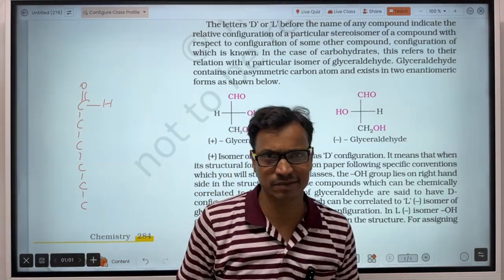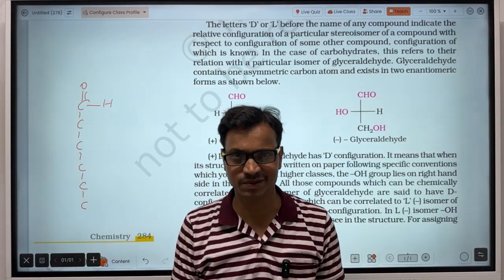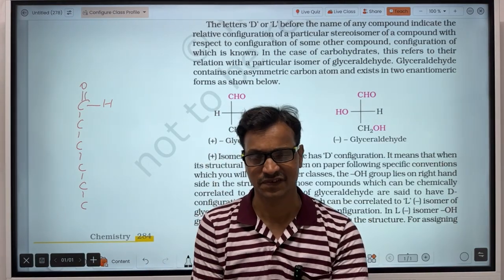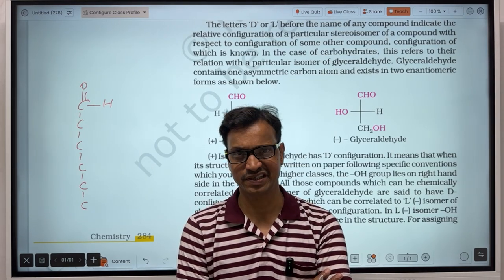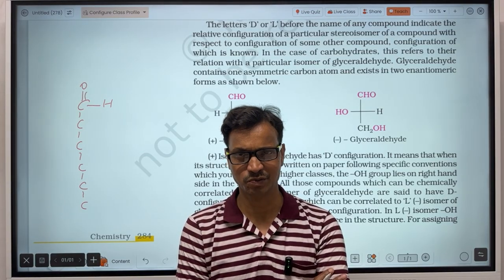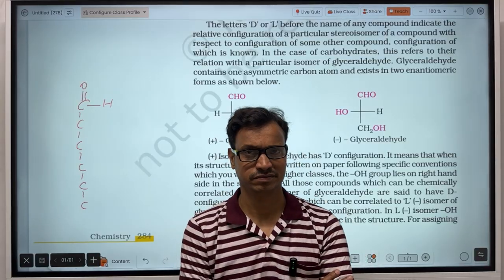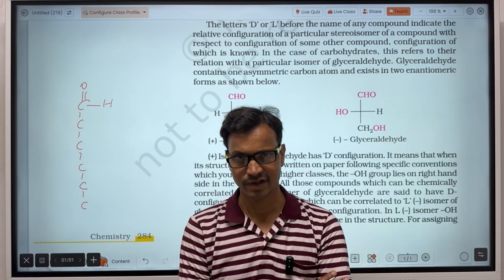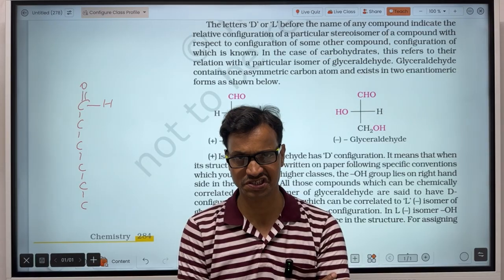In the earlier compounds, you drew the structure of the compound according to your convenience. When I was teaching you how to predict the product of a reaction, I also drew the structure according to my convenience, because we were not considering optical activity, so three-dimensional geometry had no relevance in those cases.